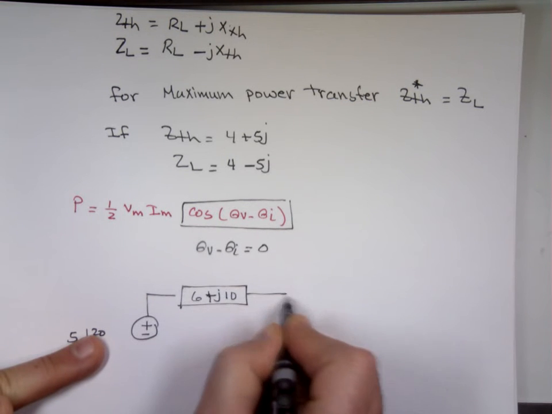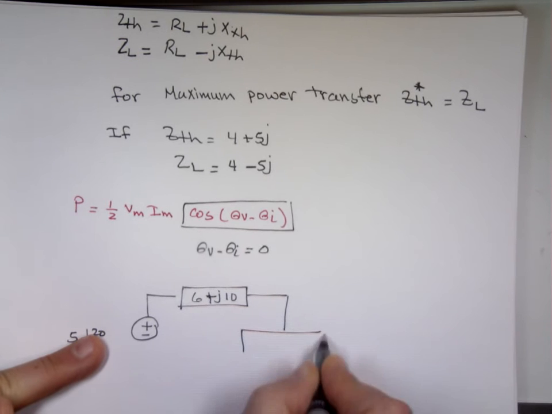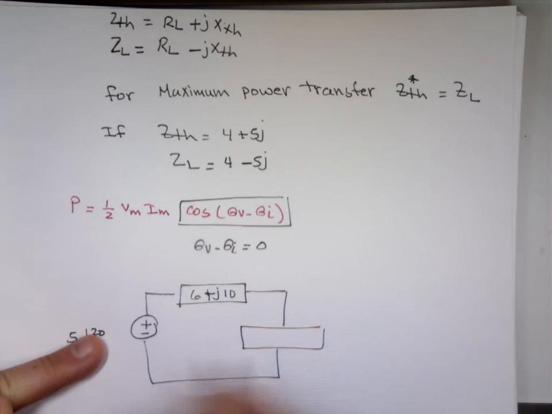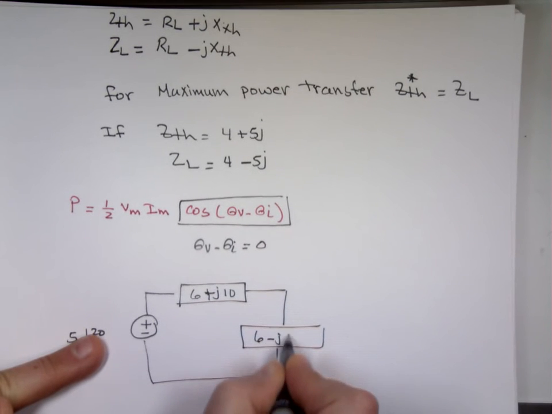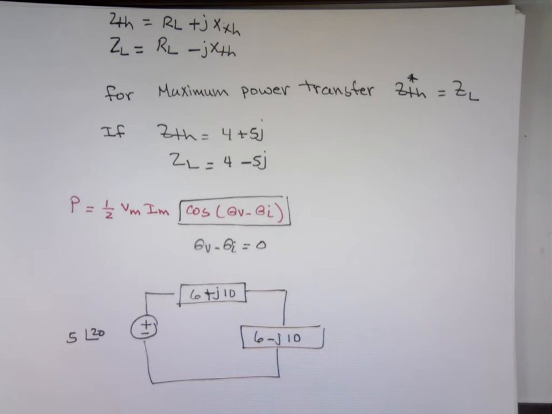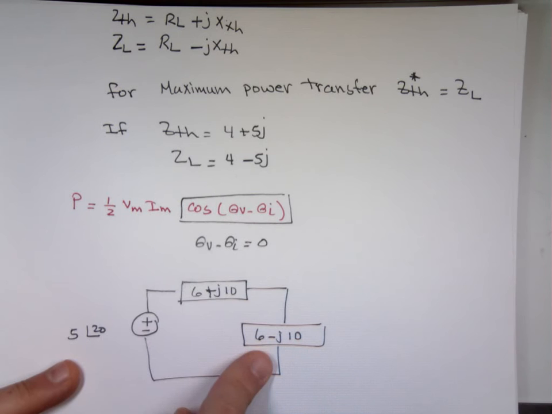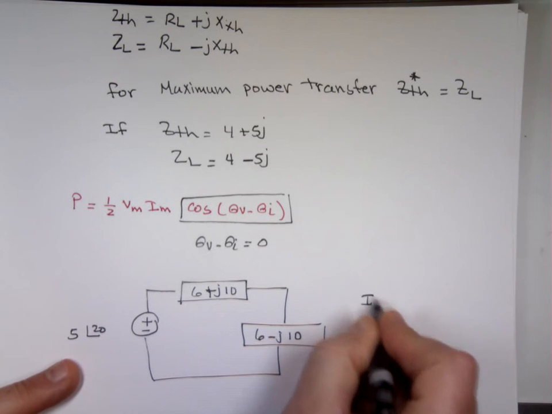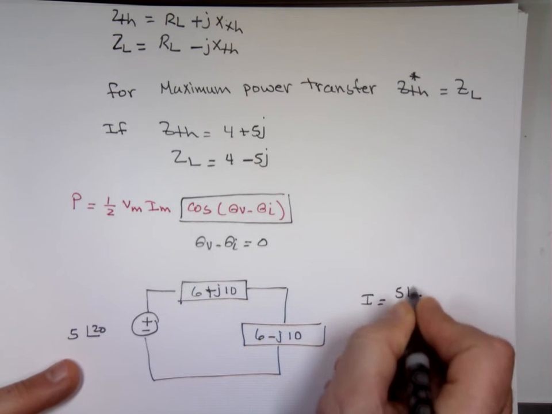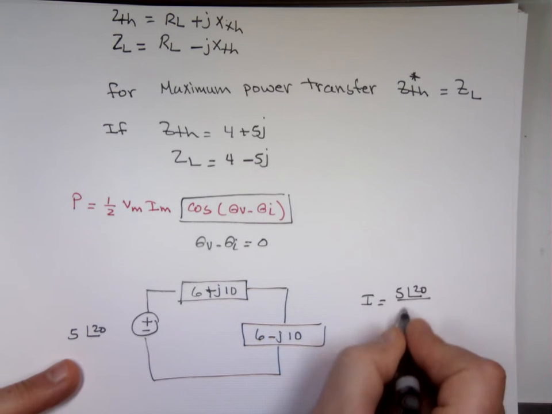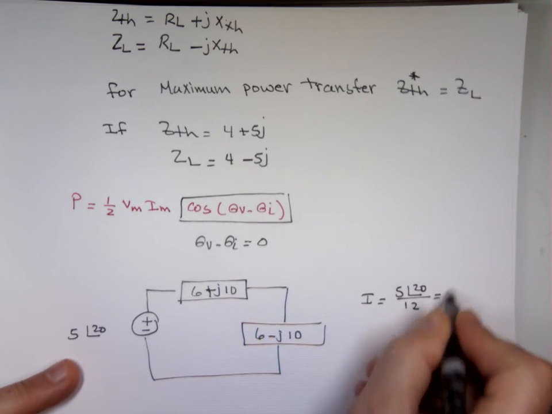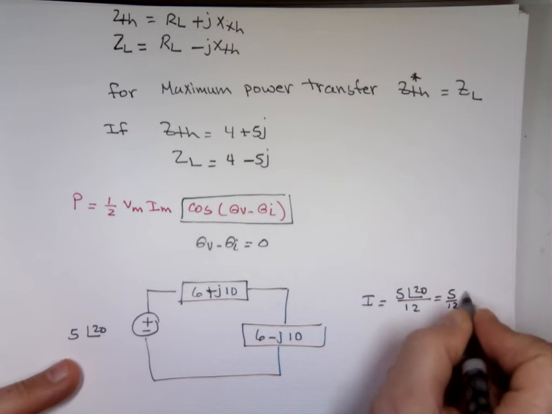We're saying you want the load to be what? 6 minus J10. The conjugate, right? So what happens when you add these two numbers? You will have 12. What is your current going to be? 5 angle 20 over 12, which is 5 over 12. What's the angle? Angle 20.